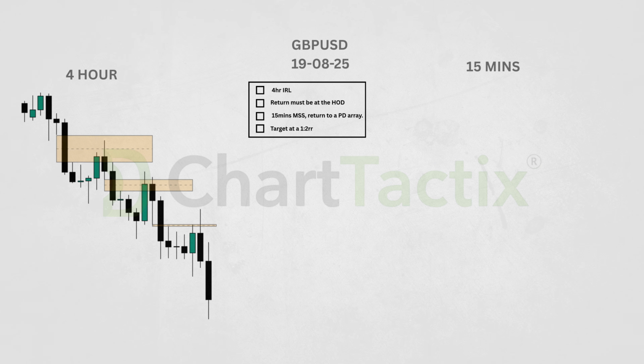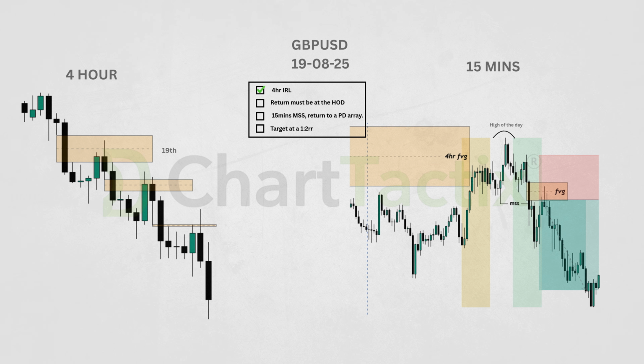The first example happened on the 19th of August, 2025. On the 4-hour time frame, we had internal range liquidity. Price returned into that zone. On the 15-minute chart, you can see price came back into the 4-hour fair value gap, and importantly, it did so at the high of the day.